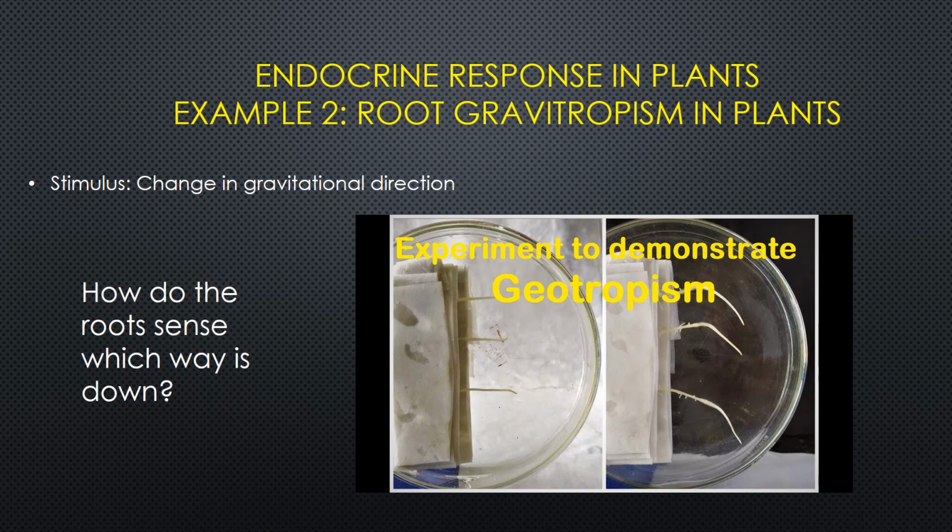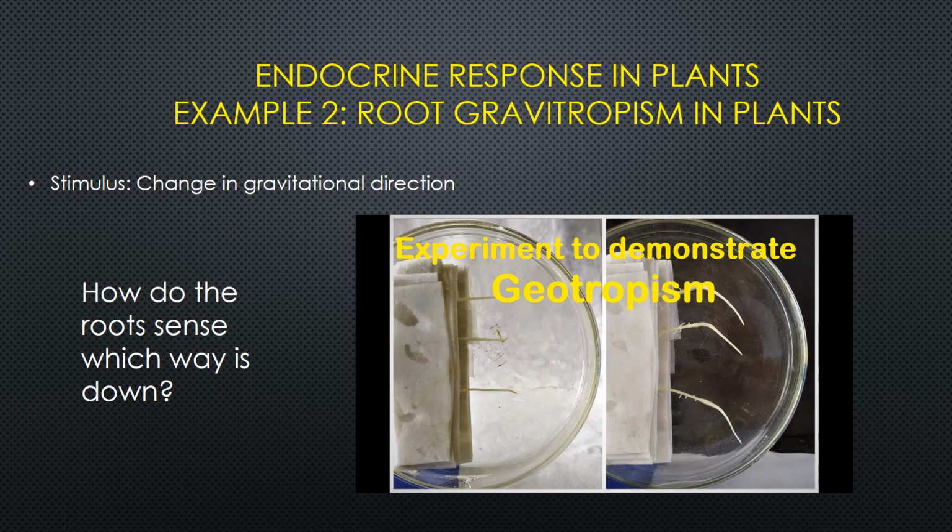So the second example of cell signaling that I want to talk about involves root gravitropism in plants. Sometimes we call that geotropism. In other words, how does the plant sense which way is down? So the stimulus, a perceived change, for this example is going to be a change in the gravitational direction.